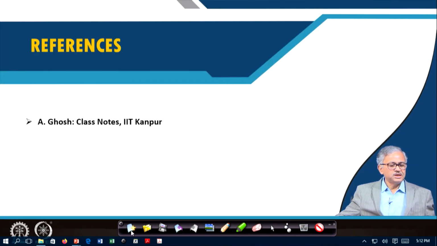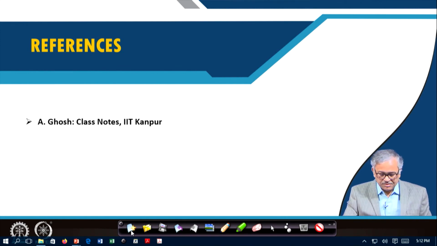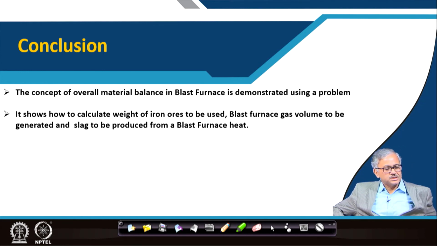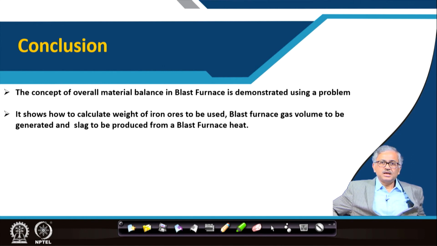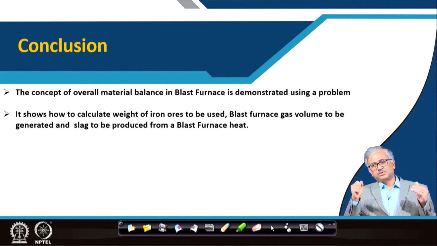The problem that I demonstrated here is from the class notes of Professor Ahindra Ghosh at IIT Kanpur, and it was a very nice problem. What we did here was discuss the concept of overall heat and material balance in the blast furnace, and we said that the material balance is done for a continuous process in a steady state mode.